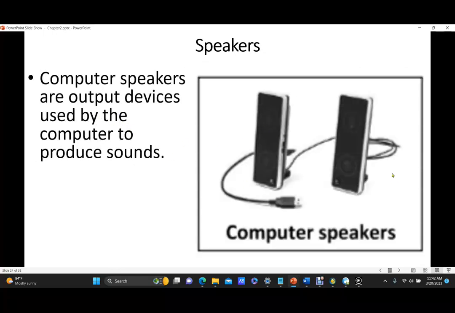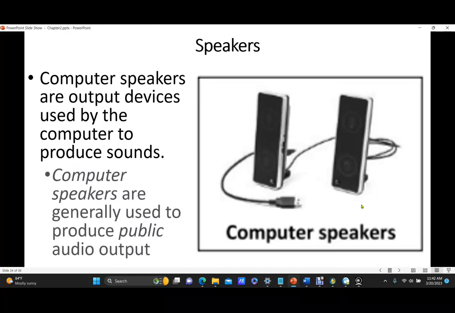Computer speakers are output devices that your computer uses to produce sounds, and they're generally used for public audio output. Anybody in the immediate area can hear the sound that they put out.